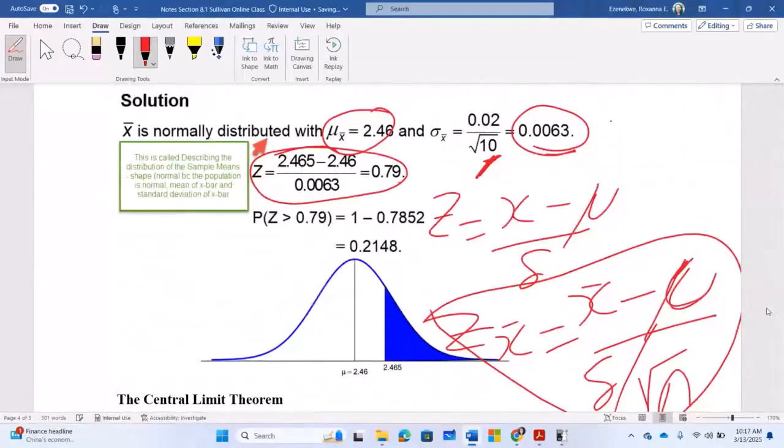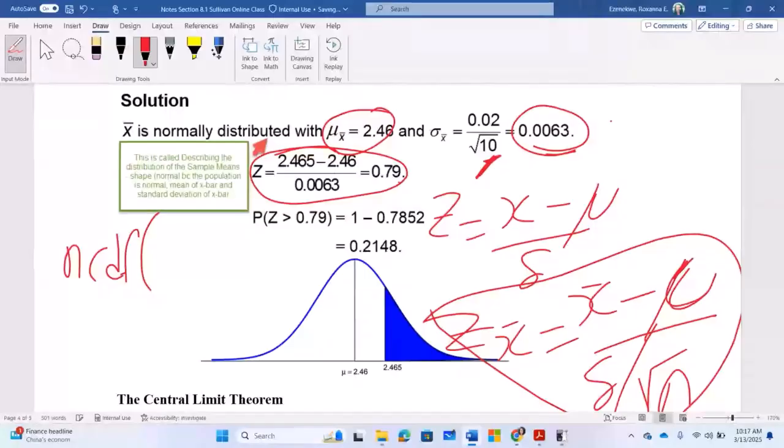So I can do normal CDF. I'm looking for the area to the right of the number 2.465.